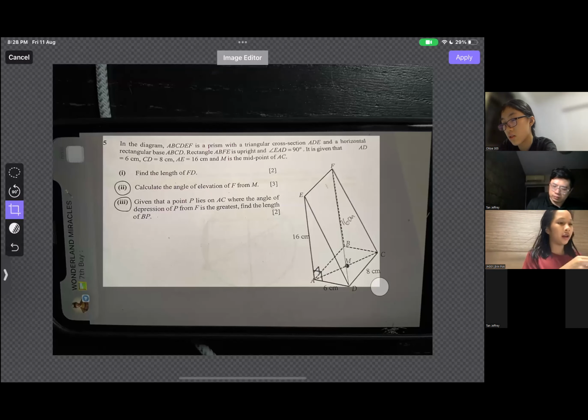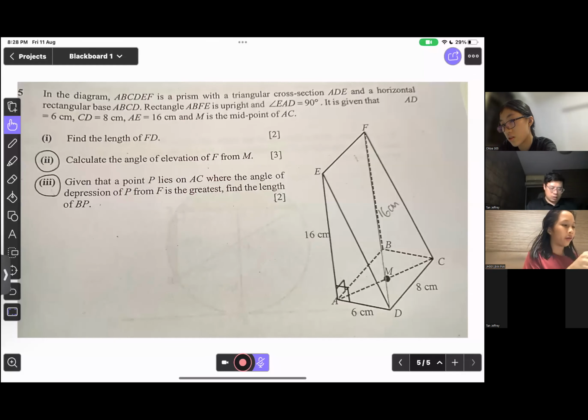Wait, can I ask a general question? For graphs, like the cosine graph, why would the range be less than or equal to, not just less than?